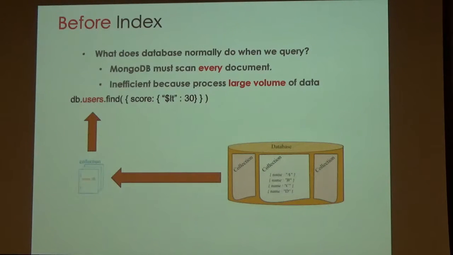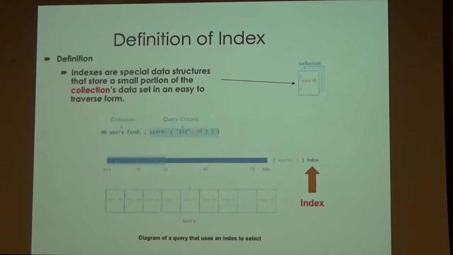So indexing is supported by MongoDB. Let's see this one. This is the index. For example, I'd like to search for documents whose score is less than 30. If we do not have an index, we need to search all the documents, all the objects that include the score, then check whether it is less than 30.